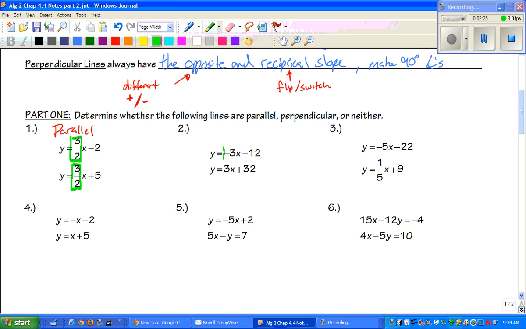All right, let's look at the next one. They're not the same. They're opposites, but are they reciprocal? A reciprocal would mean if one is -3, the other one would be 1/3. Do we have that with these two slopes? No. So for this one, the correct answer would be neither.